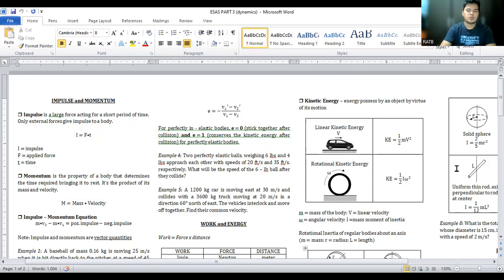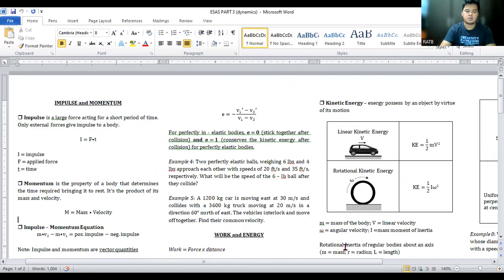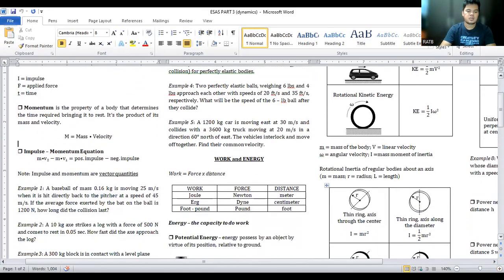Then we have the impulse and momentum equation. This is the property for impulse and momentum, so that they can be equated. The change in momentum is equivalent to the difference between the positive impulse and the negative impulse.